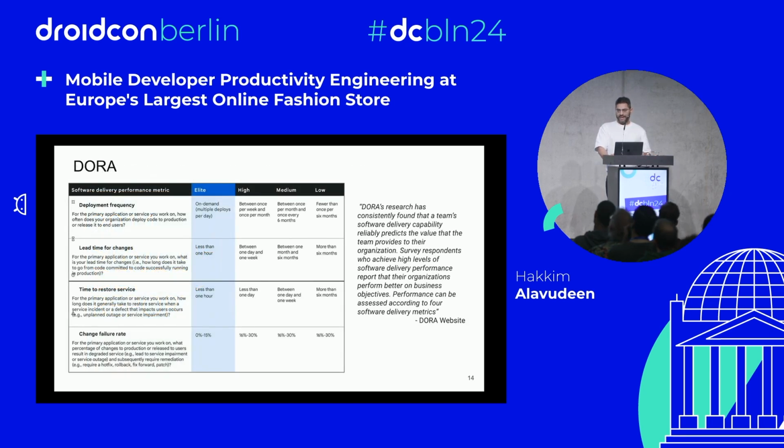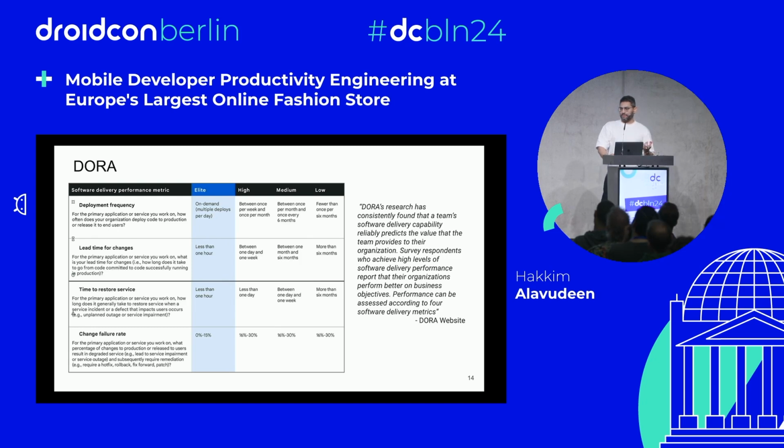They mainly asked a bunch of questions, but the four that stood out are, the first two are deployment frequency and lead time for changes, which speaks to how fast you're delivering software. So moving fast is important, but you also want to ensure that you're moving in a way that you're not breaking things, right? So the second two metrics speak to that, which is MTTR, mean time to restore, and change failure rate.